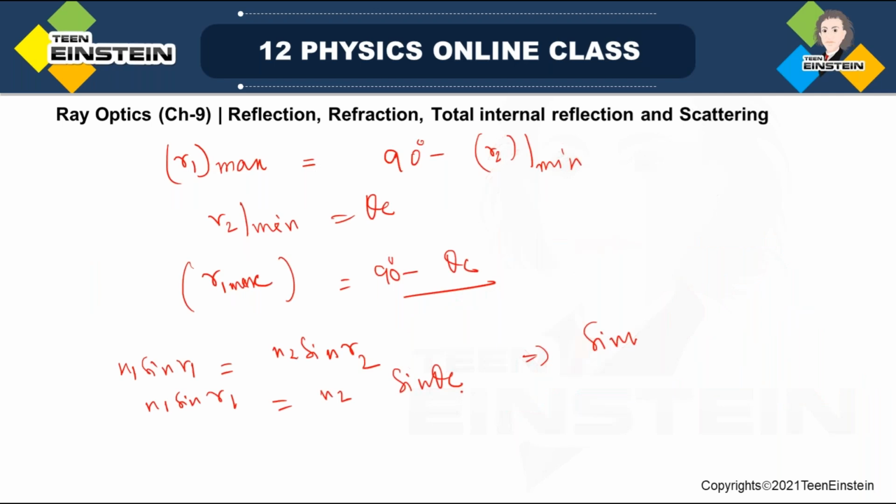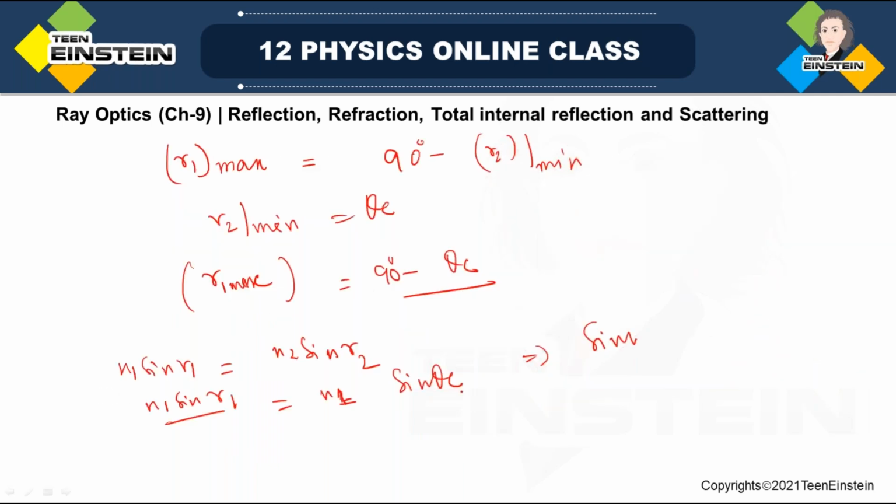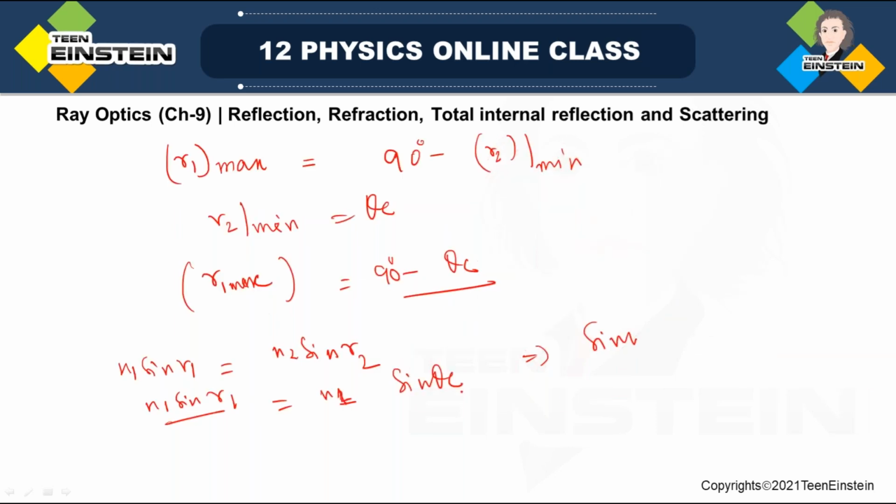So sine r1 is actually, see here, according to the figure, n1. Just a minute. So we are just writing Snell's law at the interface, this sine r1 n1 sine. Okay, fine, this is okay.